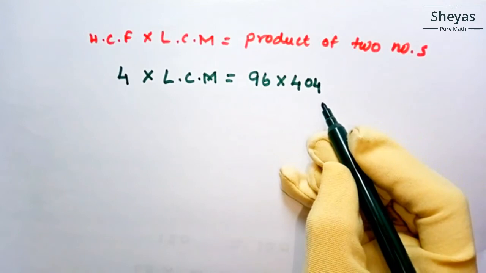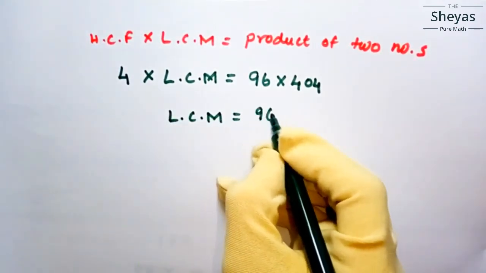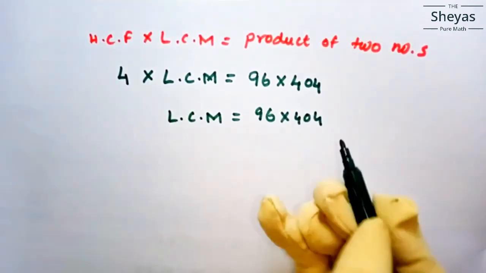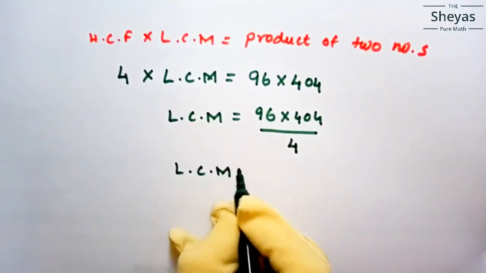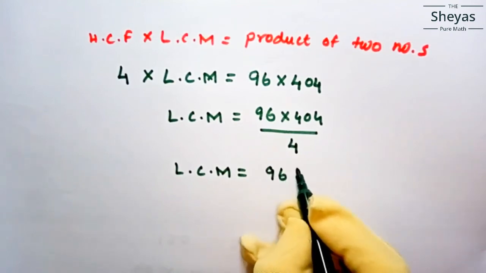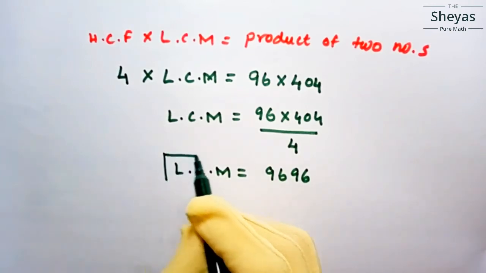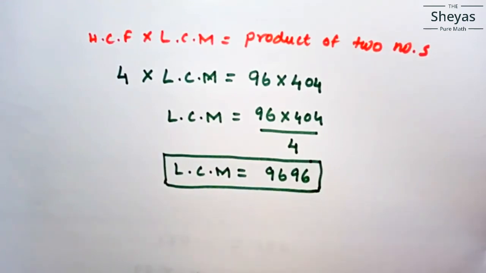So 4 into LCM is equal to 96 into 404. Since 4 is multiplying, I am taking it to the other side, so LCM is equal to 96 into 404 by 4. When you multiply and divide, the answer you get is 9696. So now you have found the LCM using this rule. What is the LCM? 9696.